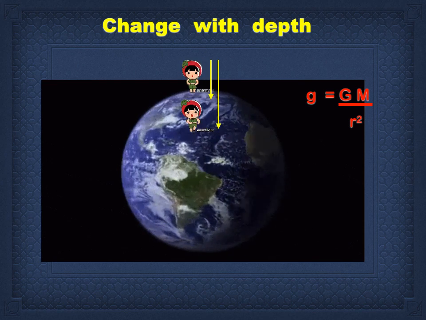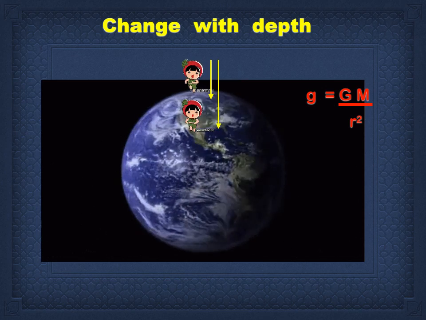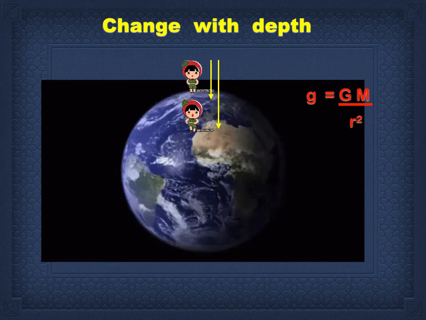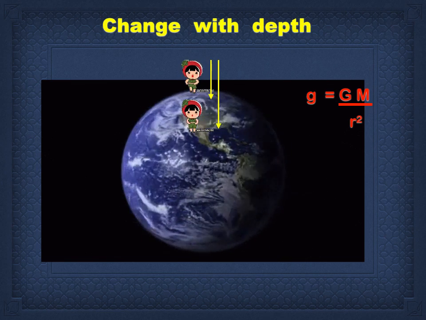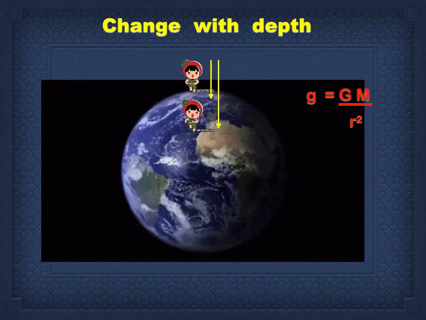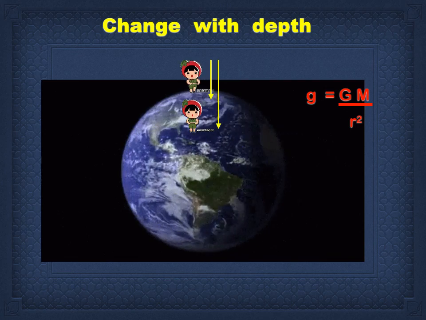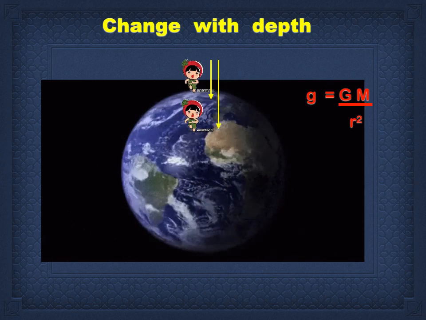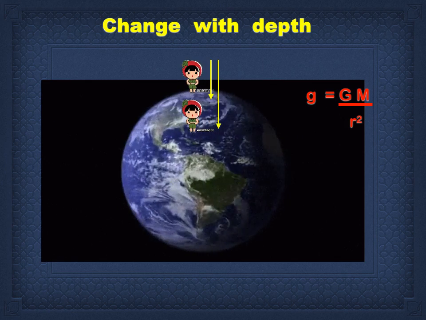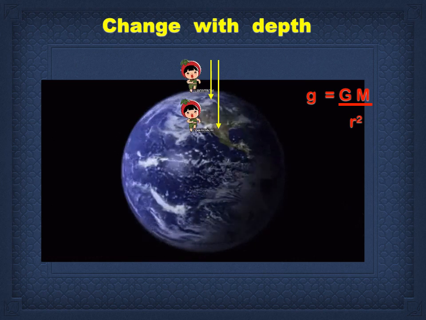However, the part of the Earth which contributes towards the gravitational force felt by the object decreases. So the mass, that means the value of M to be used, decreases. That means the value of g is directly proportional to M. Hence, if M decreases, obviously the value of g also decreases.